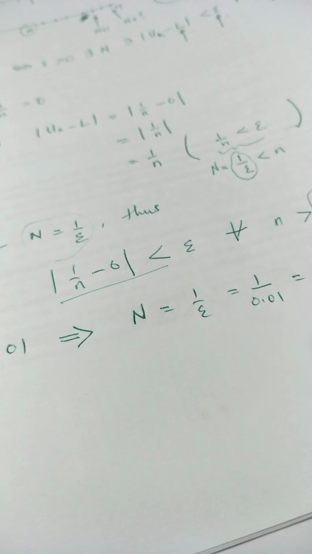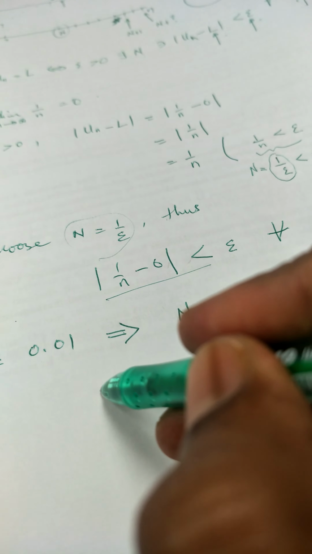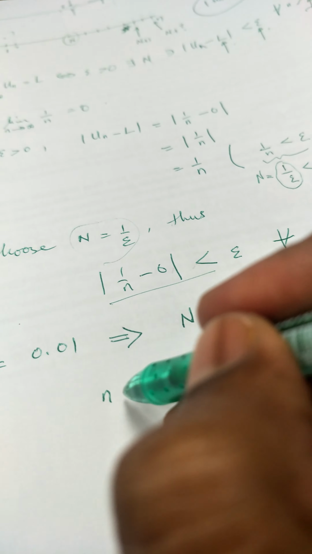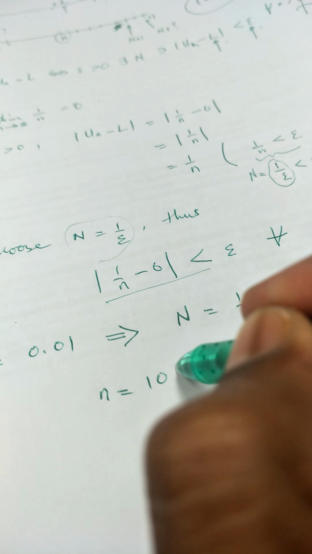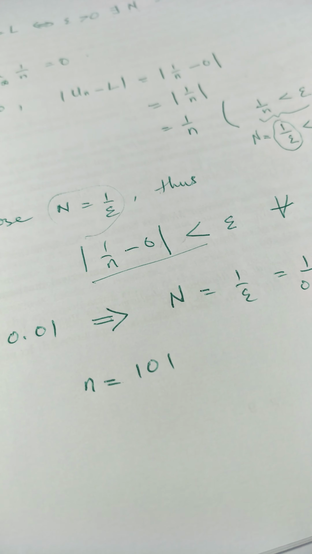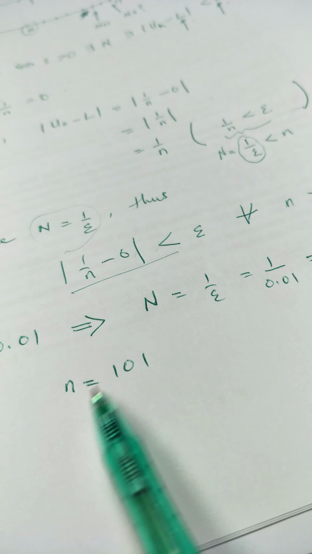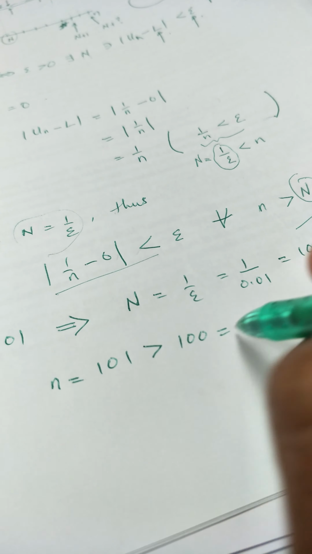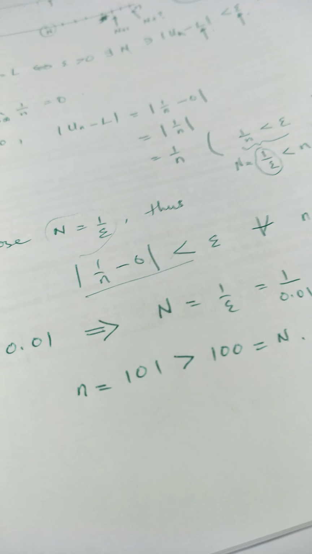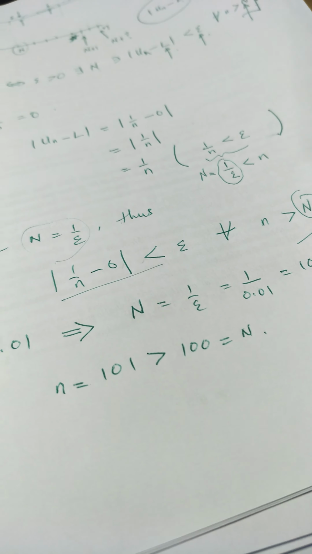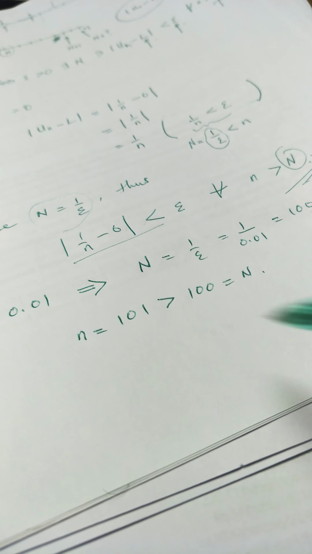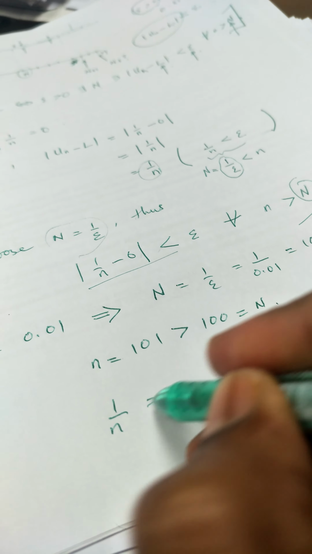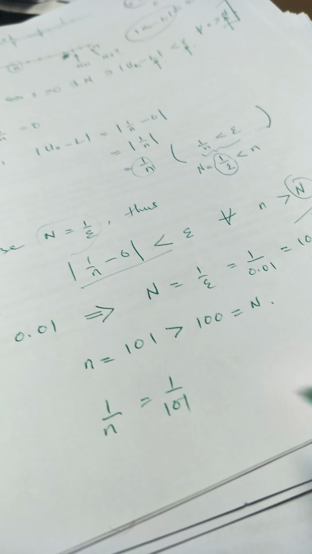Now if you choose n greater than this 100, let's say we choose 101, which is greater than 100, our N. If you plug in, this is 1 over n, which is 1 over 101.